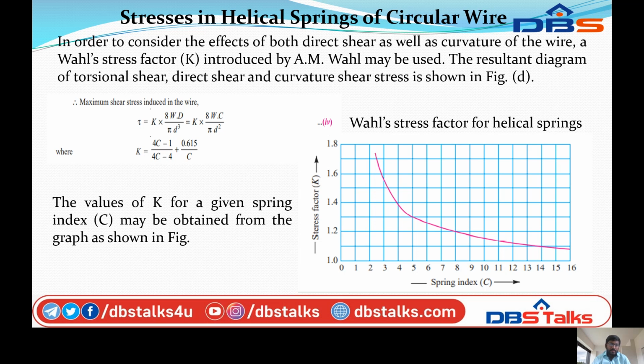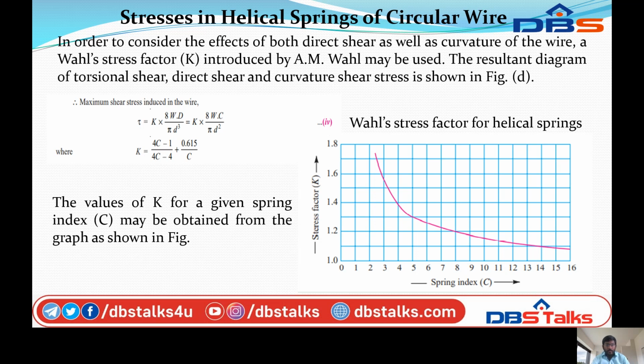So therefore the maximum shear stress induced in the wire, tau, is equal to K into 8 into W into D by pi into d cube, that is equal to K into 8 into W into C by pi into d square. Since capital D by small d is equal to C, substitute the value where K is equal to 4C minus 1 by 4C minus 4 plus 0.615 by C.